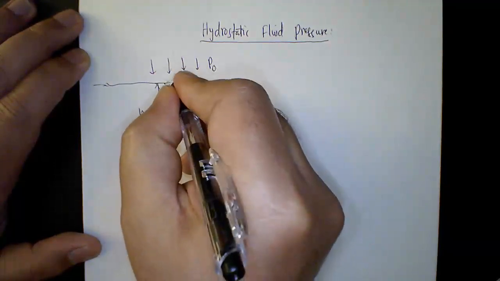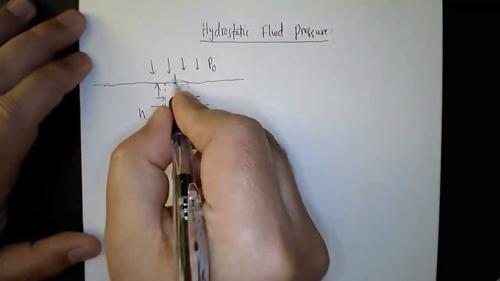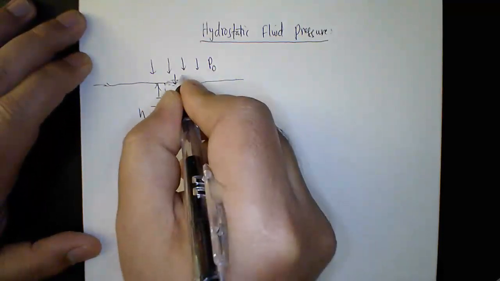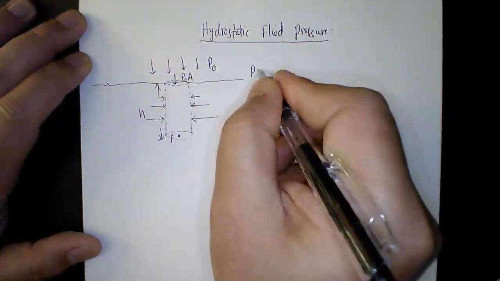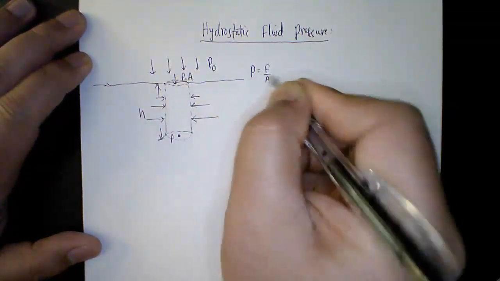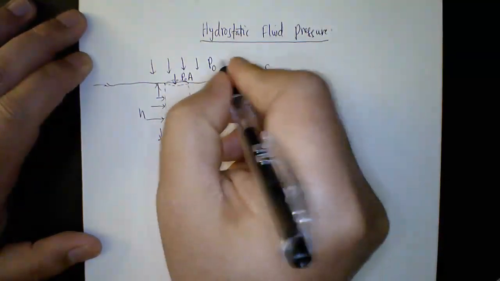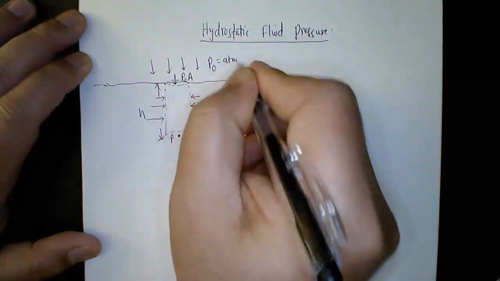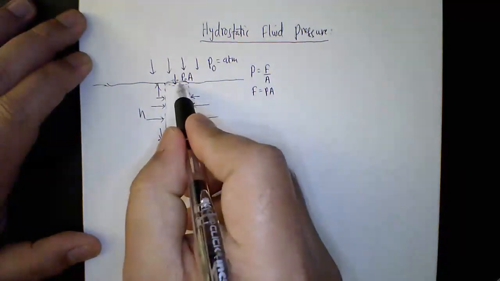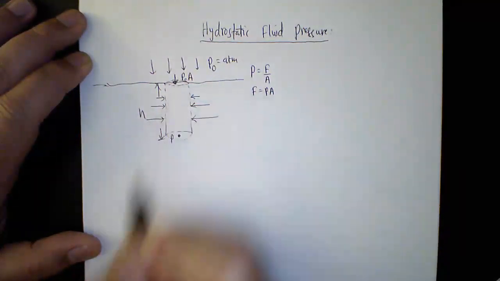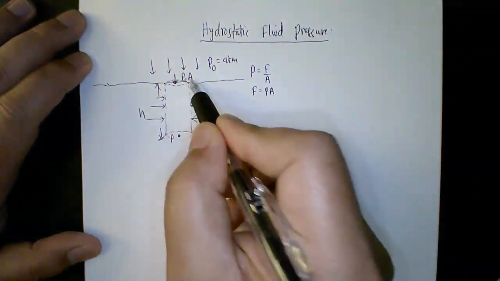However, let's say this is the pressure force acting on the top of the cylindrical fluid, which is P0A. Remember, pressure is force over area, so pressure force is simply pressure times area. Here P0 is just the atmospheric pressure, so the atmosphere is exerting a pressure force P0A.